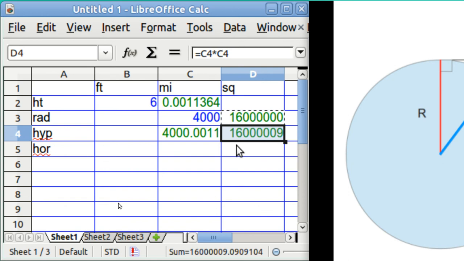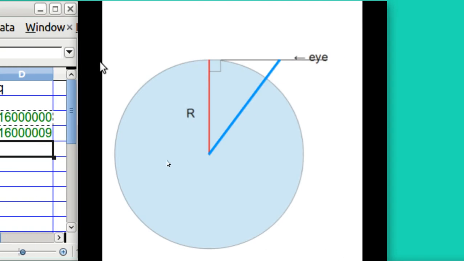Now, in order to get this component, the square of this component, what I can do is take the square of the hypotenuse and subtract the square of the radius. And that's going to give me the square of this line.